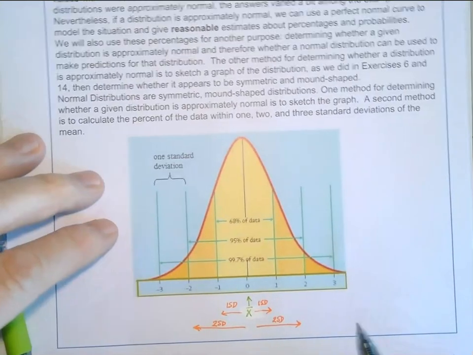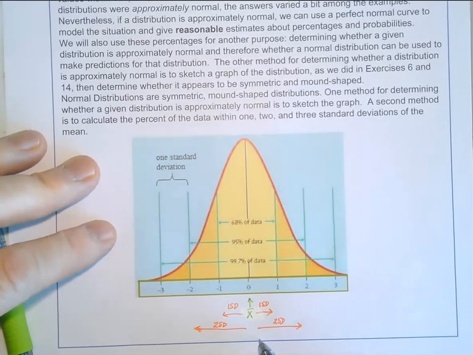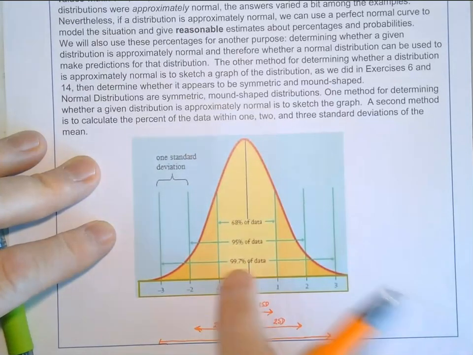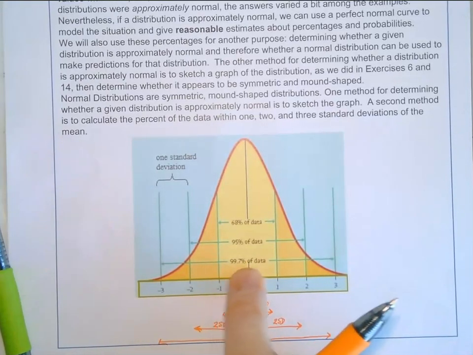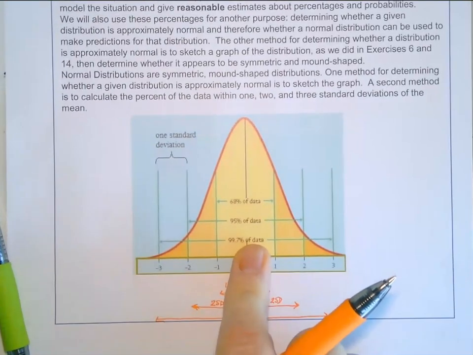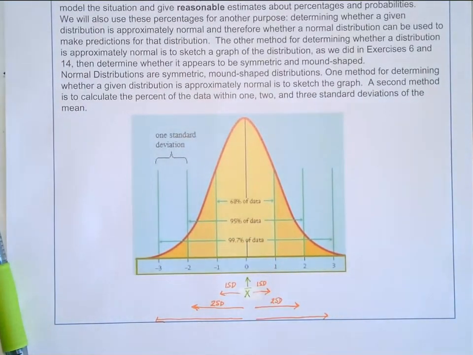And then finally, if we go out 3 standard deviations, you can see that you should have 99.7% of the data. So that 0.3%, those are going to be the outliers, the things that fall outside of the data. Are there any questions? So with that, we'll end the lesson.